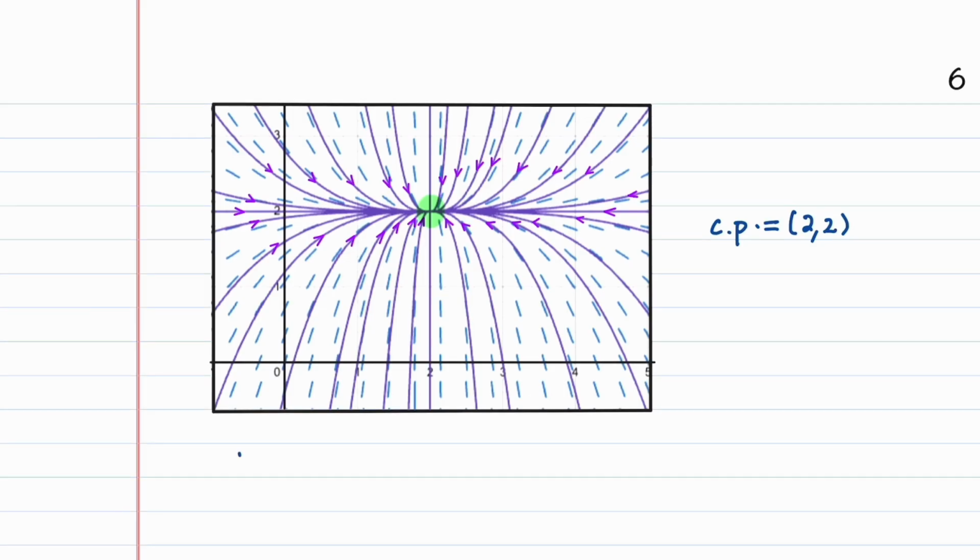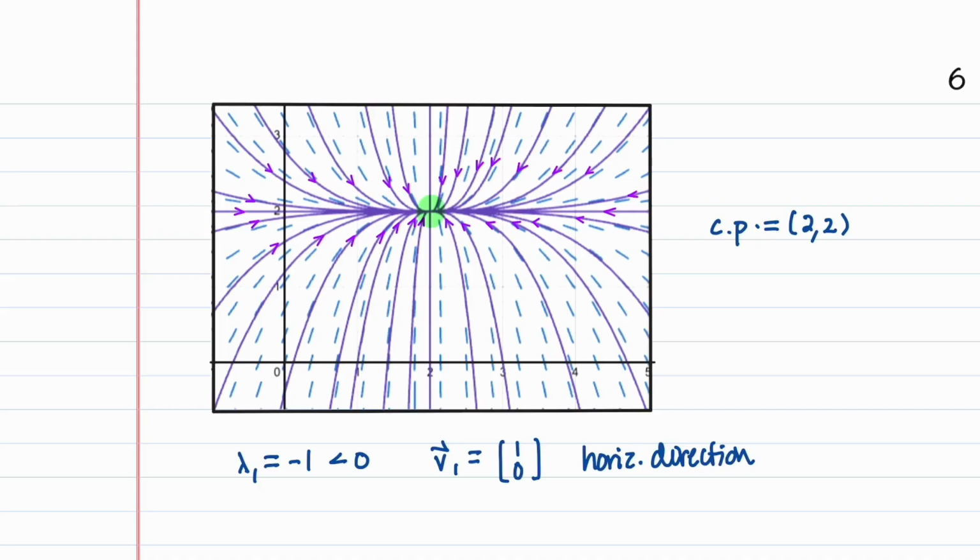If we let our first eigenvalue be lambda 1, we're going to make this negative 1 because that's the largest eigenvalue. Notice that this is less than 0. The eigenvector that corresponds to this eigenvalue is the vector 1, 0, and this is the horizontal direction.